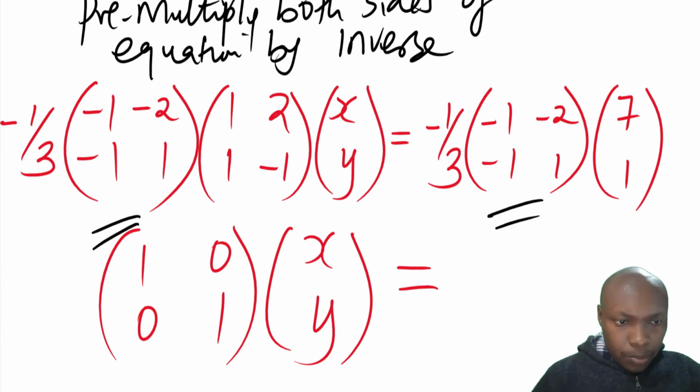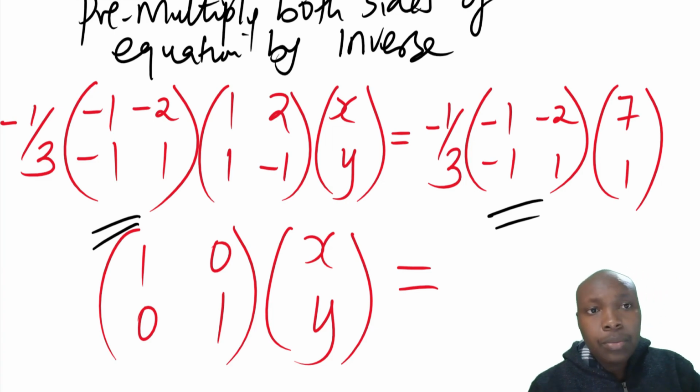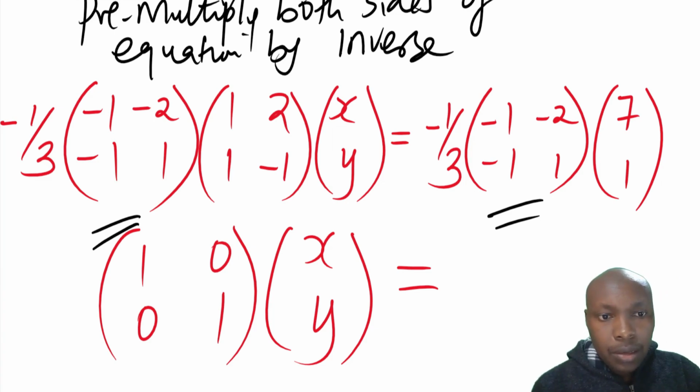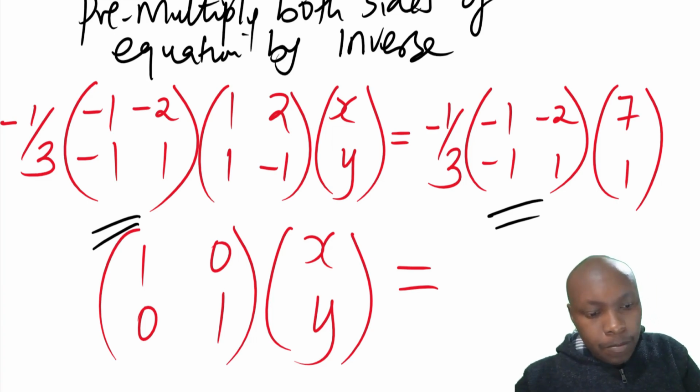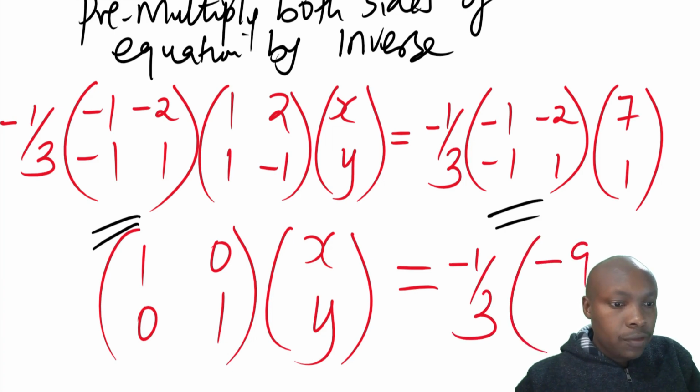Now, multiplying the right-hand side, we've done multiplication of matrices in previous lessons. You get negative a third times negative 9, negative 6.